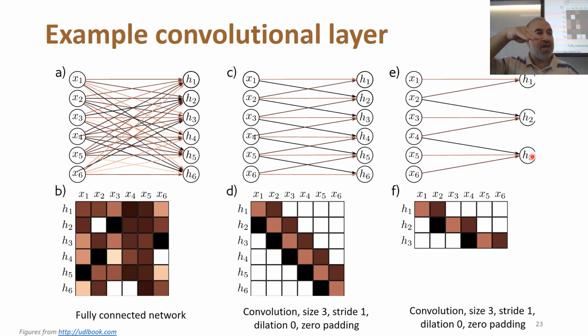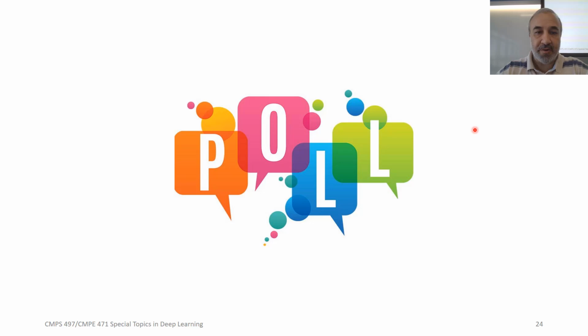It's fully connected, so we have weights between all the nodes. So we would have 6 times 3, which is 18. Here we have how many weights? Just 3, because the kernel size is 3. We have only 1 bias here. In fully connected network, how many biases we will have? 3, because we have 3 hidden units, right? Okay. Is that clear?